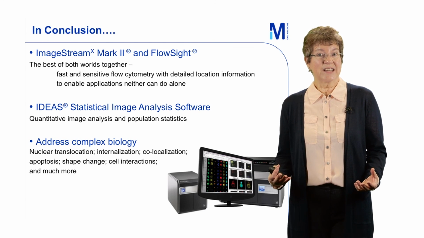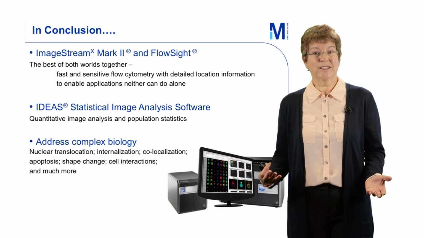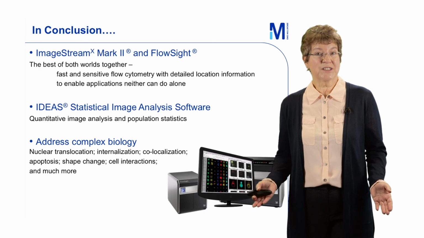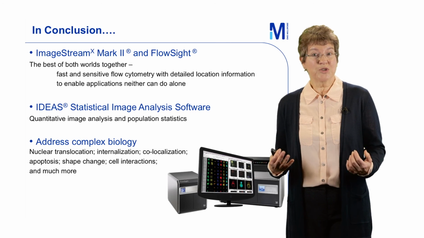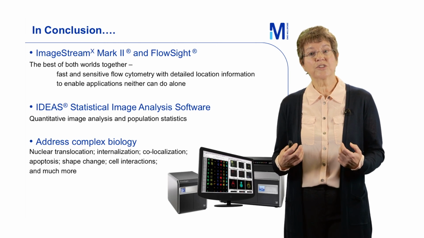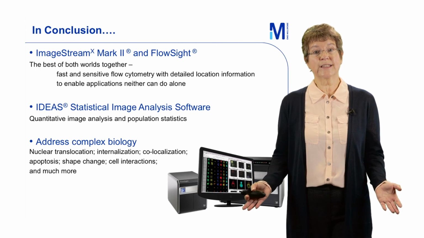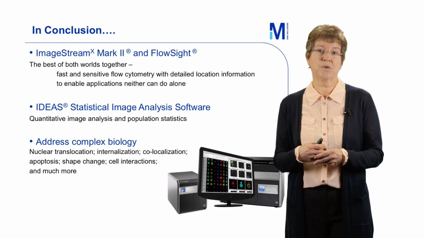I presented data showing you the output from the IDEA statistical image analysis software, which quantifies image analysis and population statistics, puts a number on that morphology. This allows you to address complex biological questions like nuclear localization, internalization, cell interactions, apoptosis, and much more.